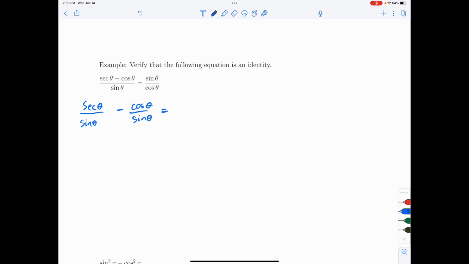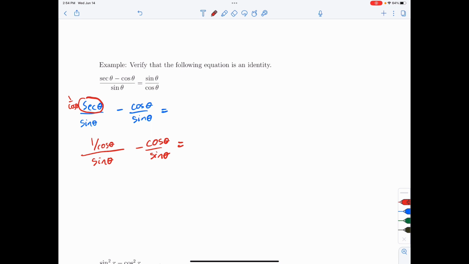Okay, and so I'm going to rewrite everything in terms of sine and cosine. So secant I can rewrite as 1 over cosine. So 1 over cosine theta divided by sine theta minus cosine theta over sine theta. And this problem is going to have a handful of steps.